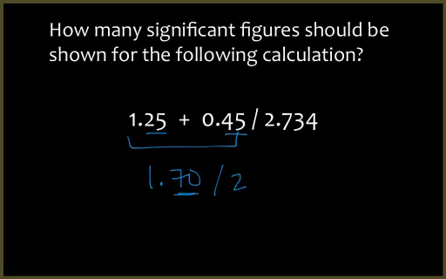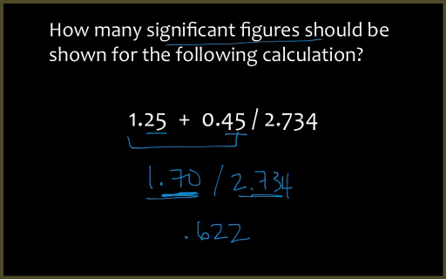Then I'm dividing by 2.734. So when I get my answer here, I'm going to round to the lowest number of sig figs, which is 3, like this one. This one has 4, so I'm going to round to 3. So I round my answer to 0.622. So to answer this, how many sig figs should the following have? It should have 3 sig figs.